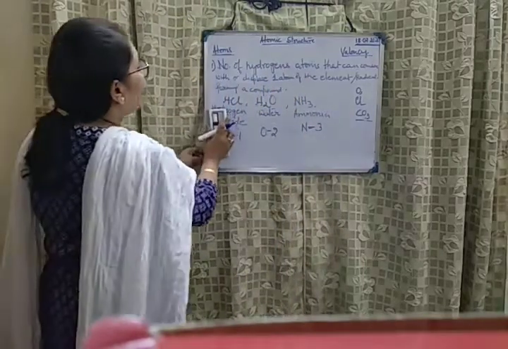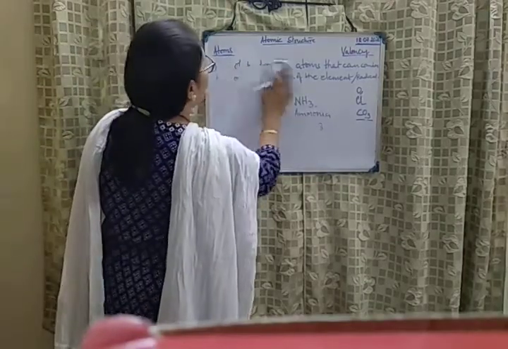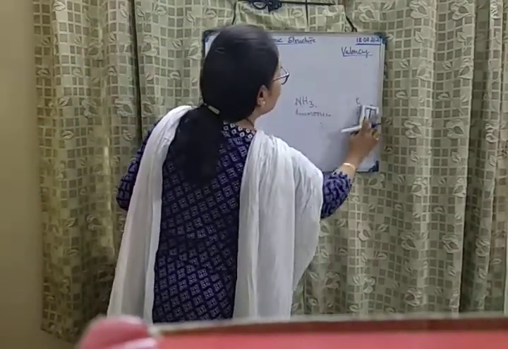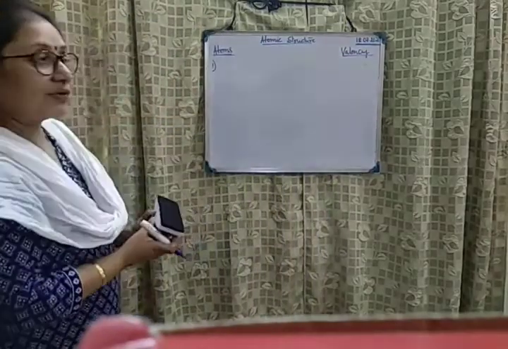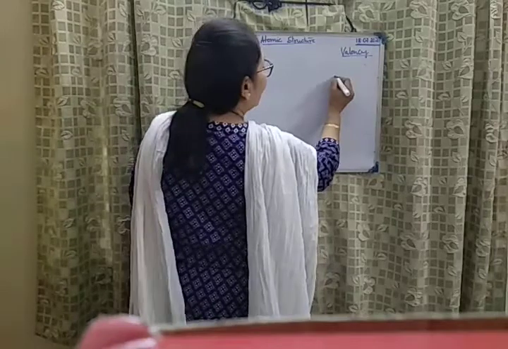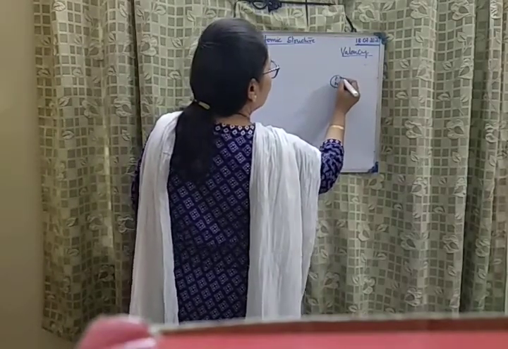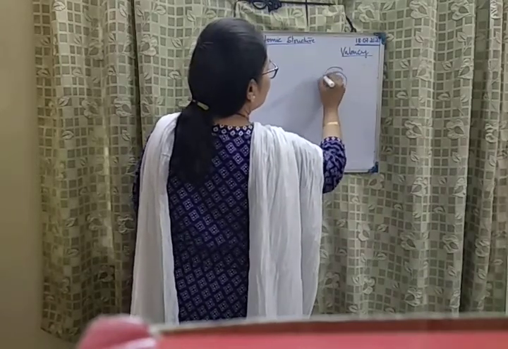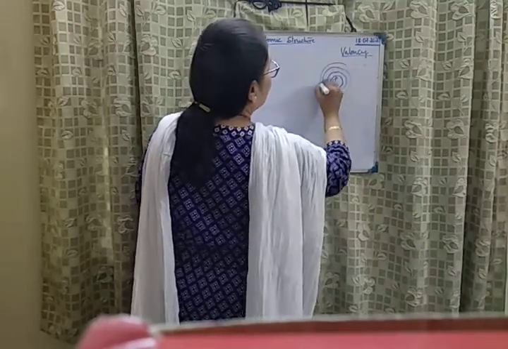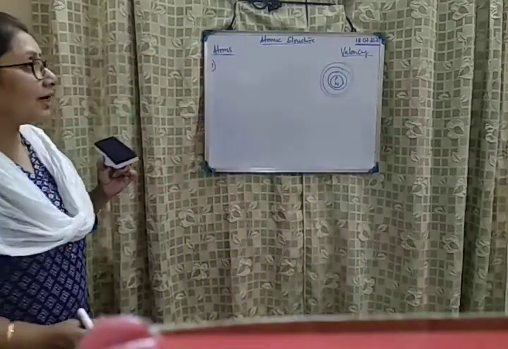The second definition of valency states that it is the number of electrons that it accepts or gives up from the valence shell or outermost shell of an atom. Remember, we studied this: protons and neutrons in the center, that is in the nucleus, surrounded by orbits which can be minimum 1, maximum according to number of electrons.